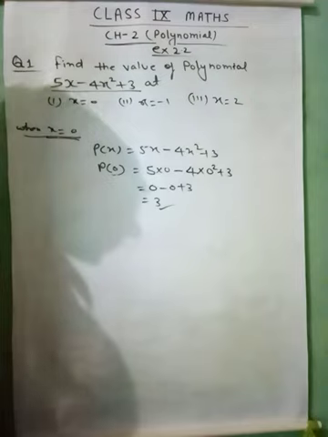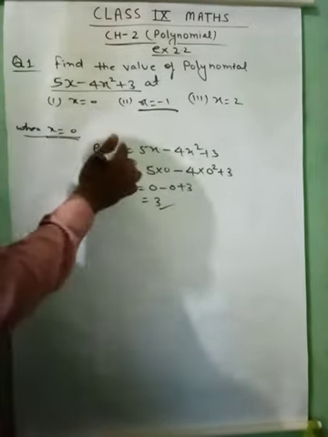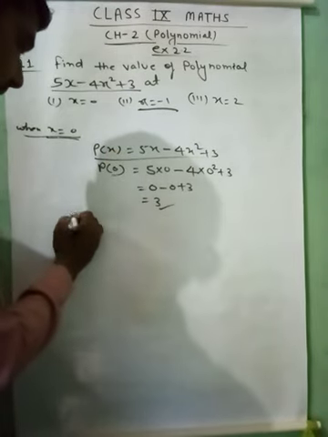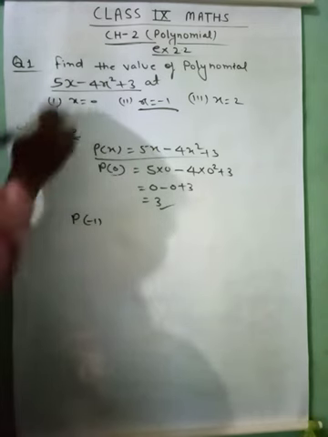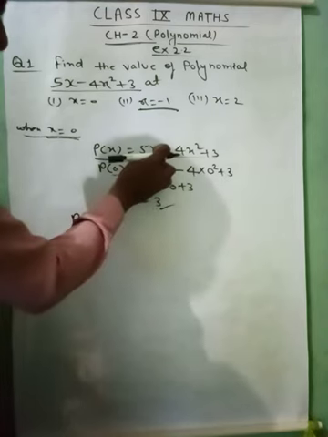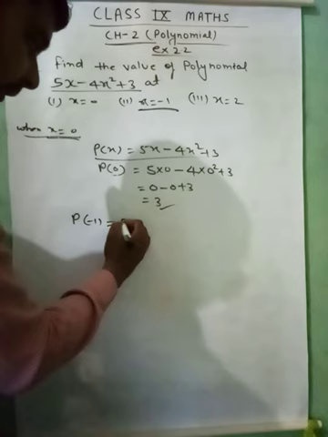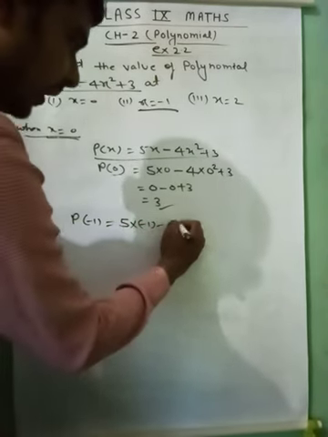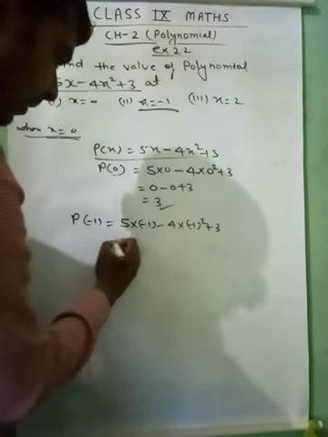It's your answer. Second, you have to put x is equal to minus 1. So in this equation we put minus 1, p(minus 1). Replace minus 1 at the place of x. So at the place of x we write minus 1 on the right side: 5 into minus 1 minus 4 into minus 1 square plus 3.